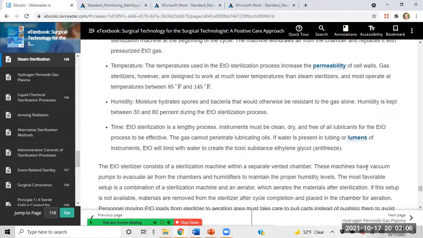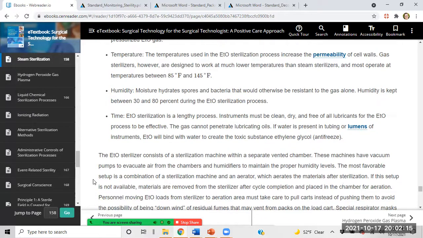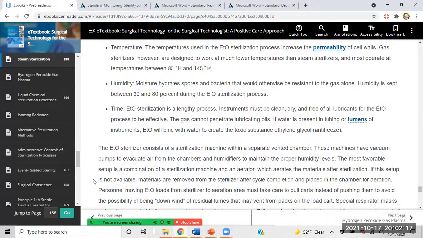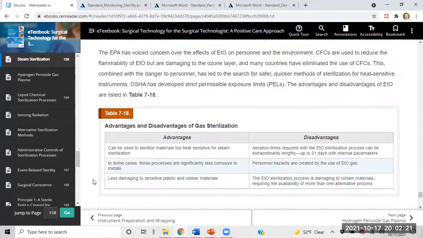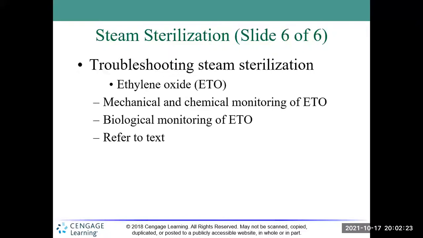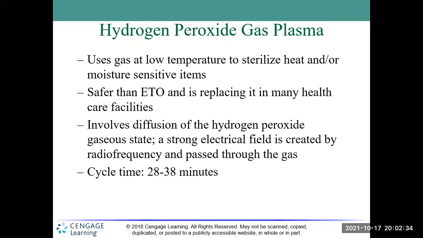The time is going to be different depending on the contents, but it is a very lengthy process. These are some ways that you can monitor if there are issues with that ETO sterilization process. You can look at all of those troubleshooting ways.